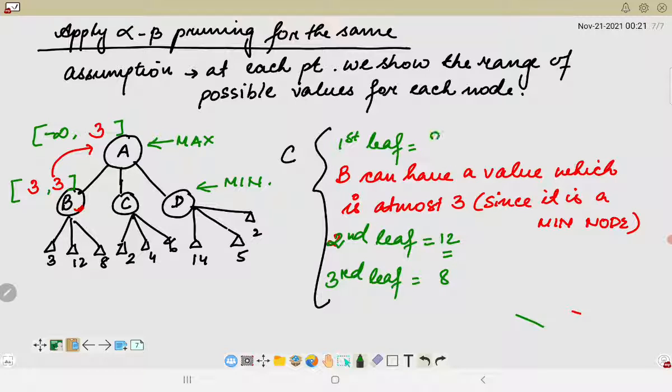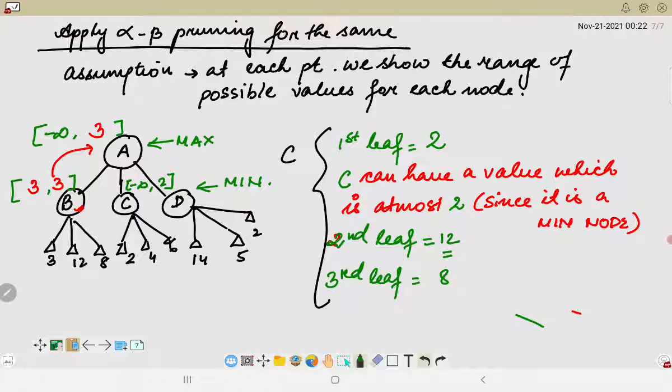So let me consider C to have the value 2. Here also I will introduce minus infinity and we will have 2 here. So C can have at most 2 as its final value.